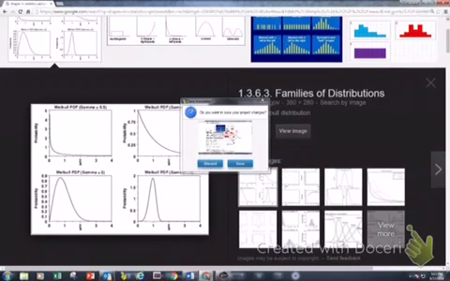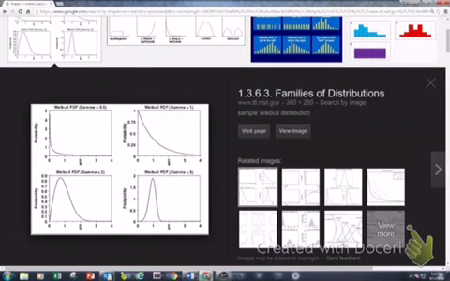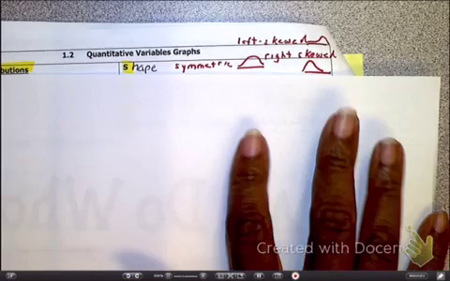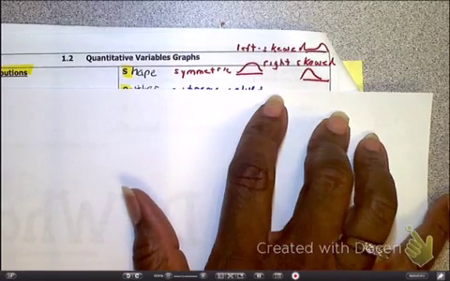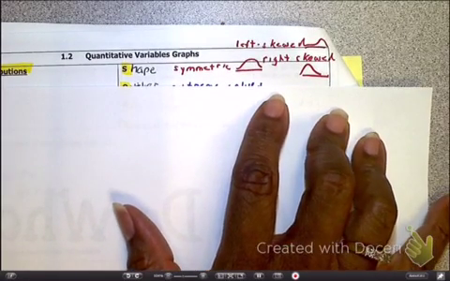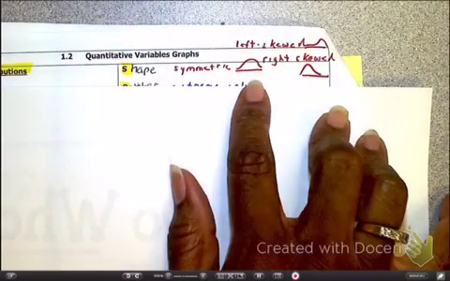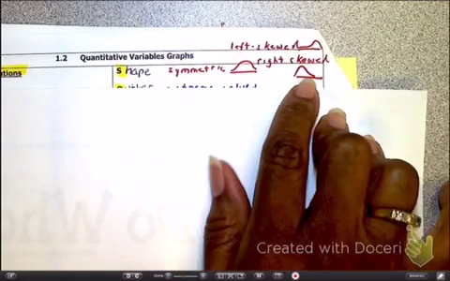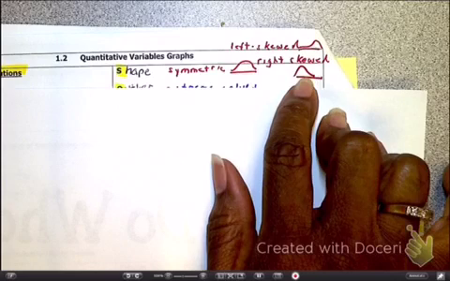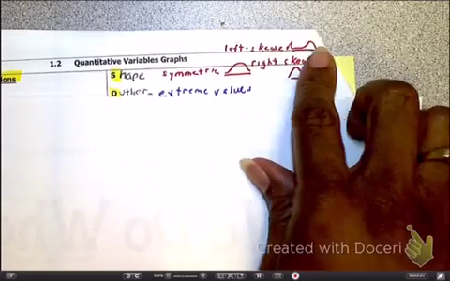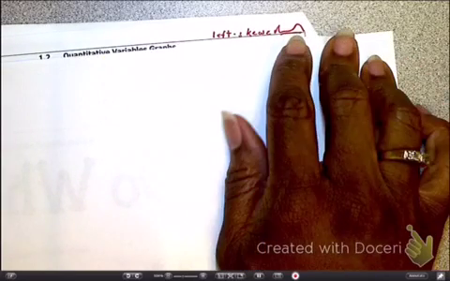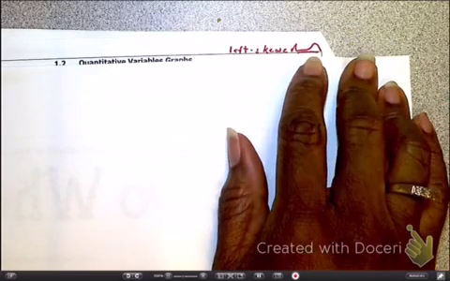Now, as we go back to my hideous pictures, the whole premise behind this is that if I have things that are symmetric, that means yes, I have winners and yes, I have losers. Things are balanced. When I have something that is right skewed, which means the predominant information is on the left, that means I have lower values. And when I have left skewed, that means most of the information is on the right.